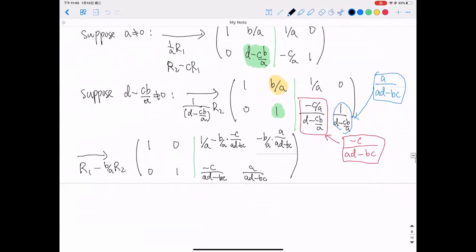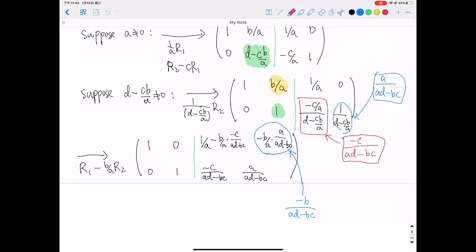Okay. Now, we need, obviously, to simplify these expressions. Over here, you see that A is just canceled with this A. So you have minus B divided by AD minus BC.